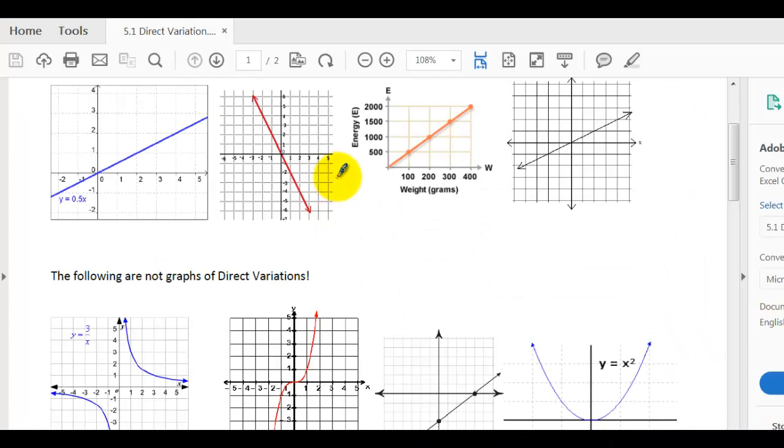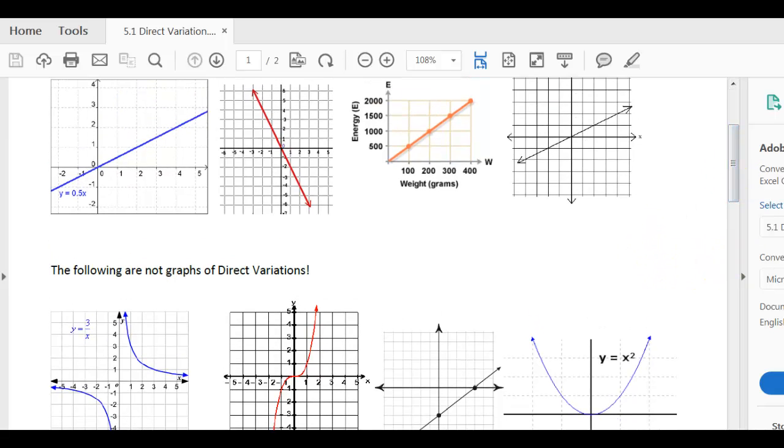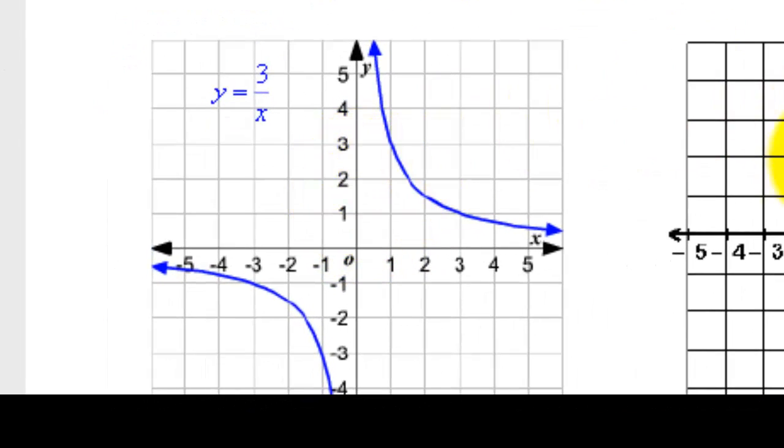Here are more examples of graphs of direct variation. As long as you have a straight line that crosses the origin, it will be a direct variation. Now the following are not graphs of direct variation. This is not a straight line, so it's not a direct variation.